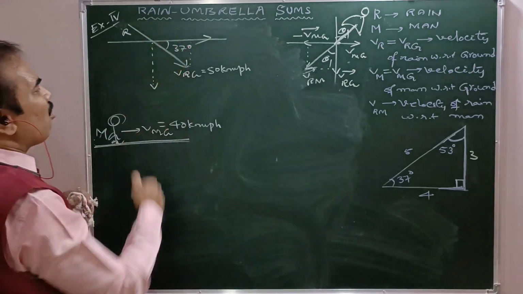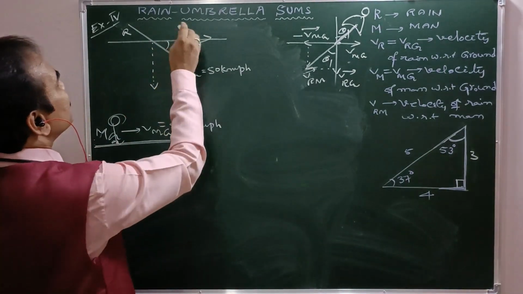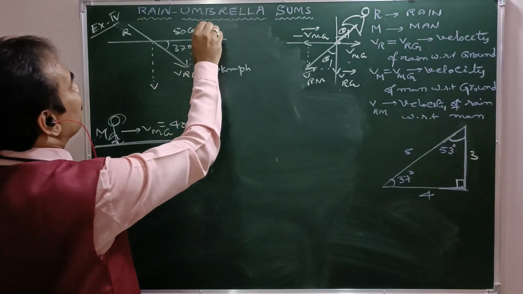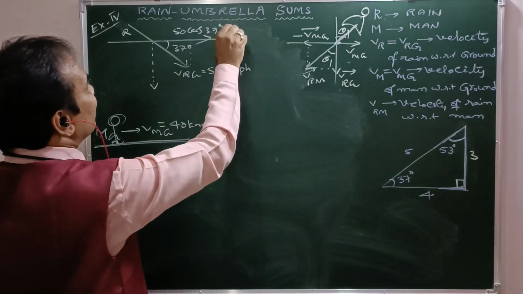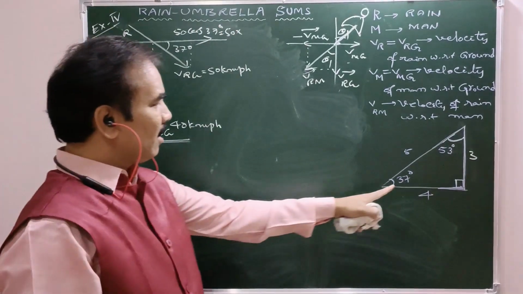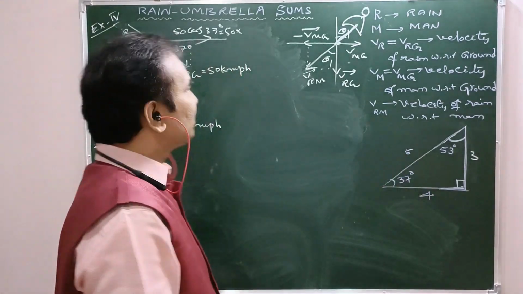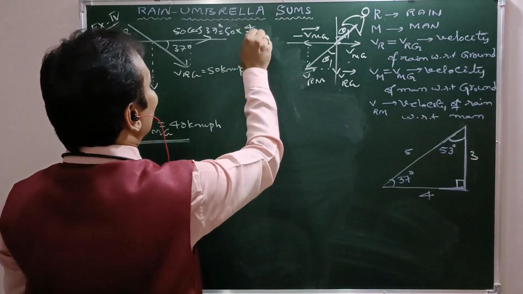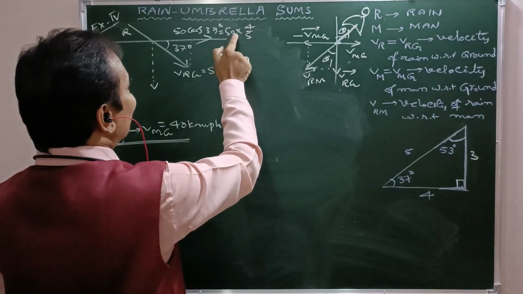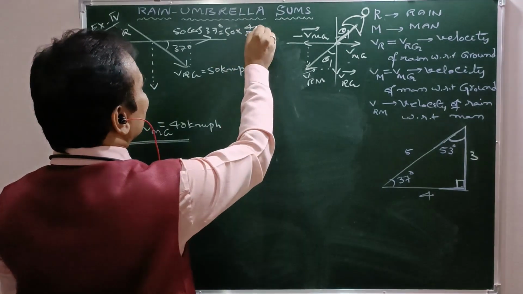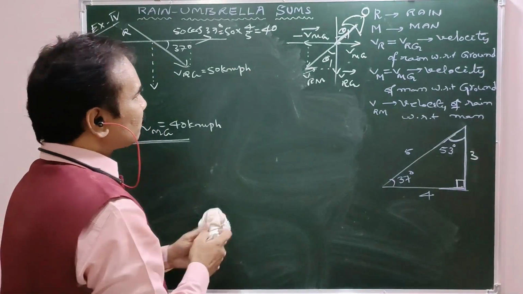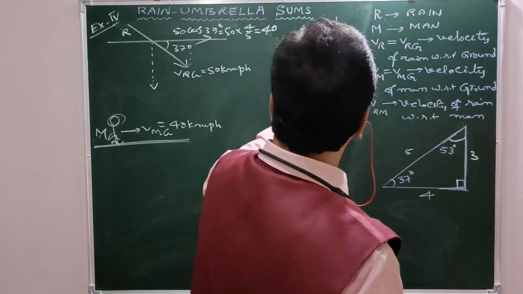Now what is the adjacent component here? 50 cos 37, that is 50 into cos 37. See here, cos 37 means adjacent side by hypotenuse, that is 4 by 5. So that is 50 by 5, means 10, 10 into 4, 40 kmph. Right?